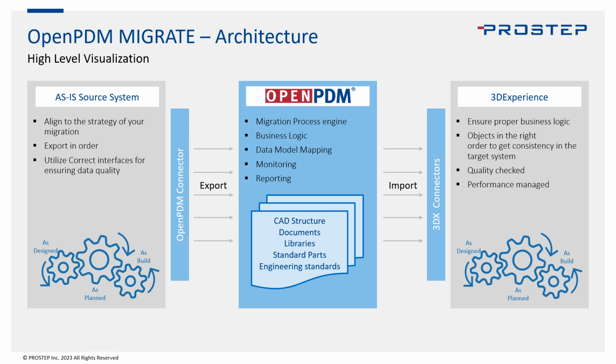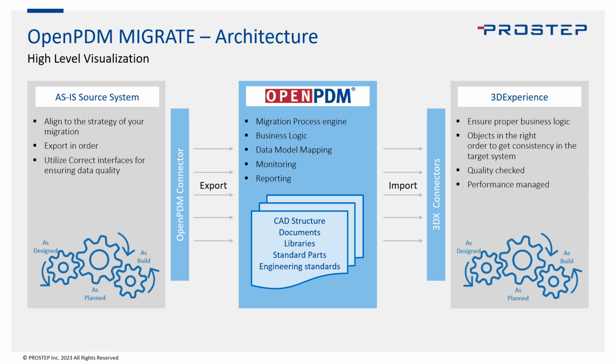That might mean that we utilize one or more connectors for higher performance on multiple machines, to make sure that we're meeting the performance needs of your migration. In the middle, we've got our OpenPDM migration process engine, and this is a combination of the OpenPDM Migrate toolkit and the OpenPDM process server.